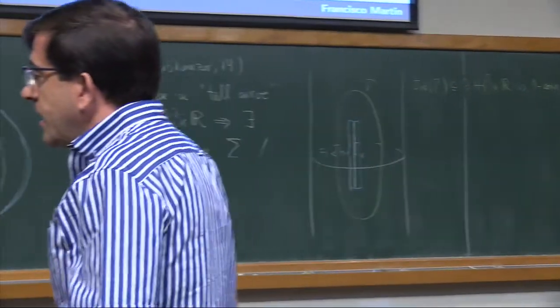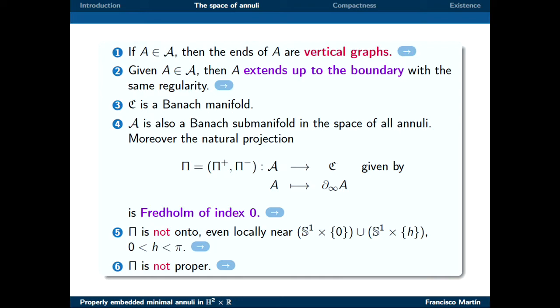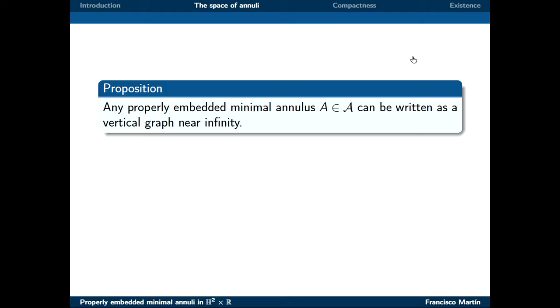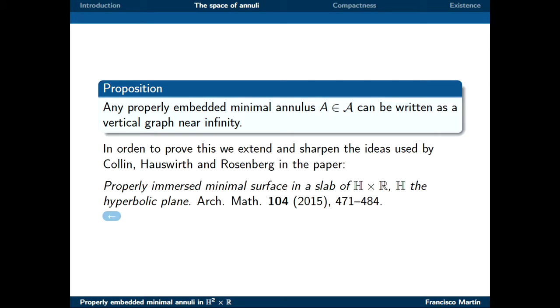I have to say that this result, which is in the paper that I mentioned at the beginning, is nothing but a refinement of a result by Colin, Hauswirth, and Rosenberg. They proved the same thing when you have an annular end, which is contained in a slab.